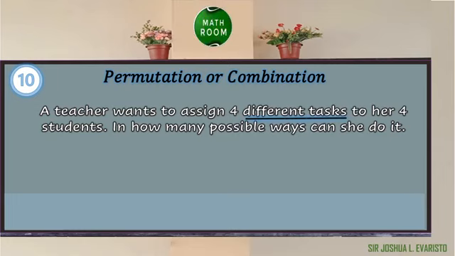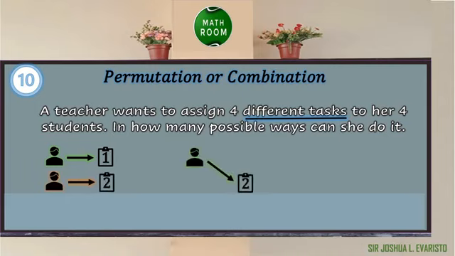Since we have 4 students and 4 different tasks, let's say that student A is assigned to the first task and student B is assigned to the second task. Does it make any difference if student A is assigned to the second task and student B is assigned to the first task?